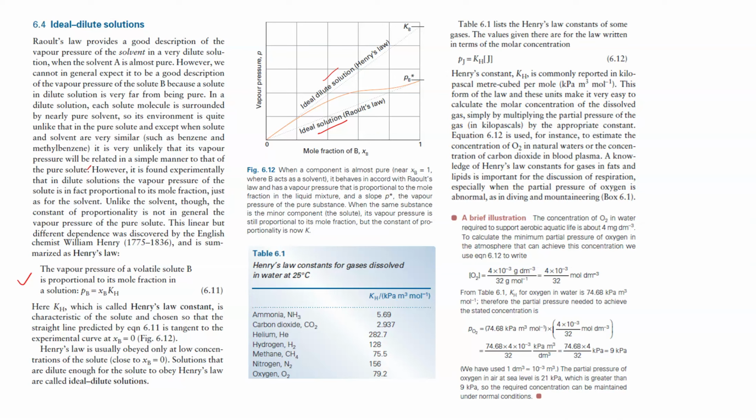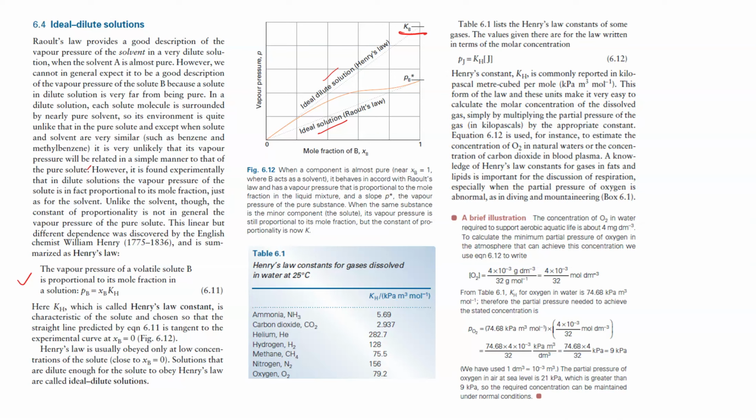When the same substance is the minor component, the solute, its vapor pressure is still proportional to its mole fraction, but the constant of proportionality is now K. So, Henry's law is usually obeyed only at low concentrations of the solute, close to mole fraction of B equals 0.